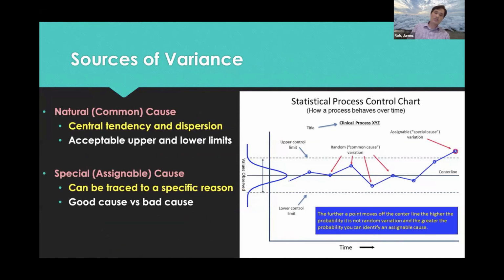Special causes are something that we have to address, something that we aim to remove. However, for natural causes, for example, temperature changes all the time, and you will not be able to control those things. Or fatigue comes all the time, and how are we going to change that?